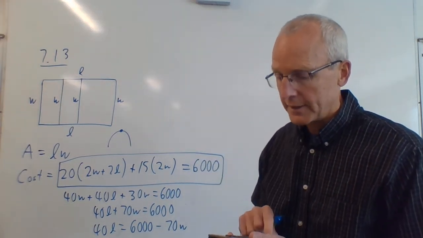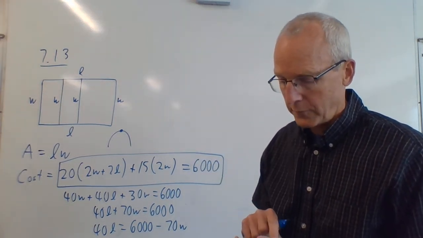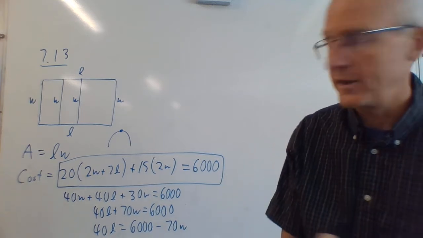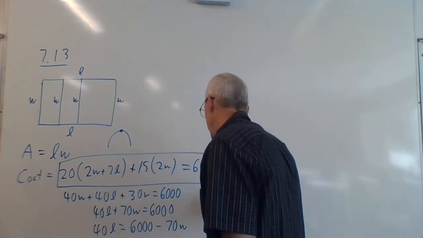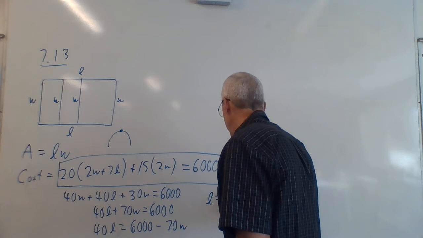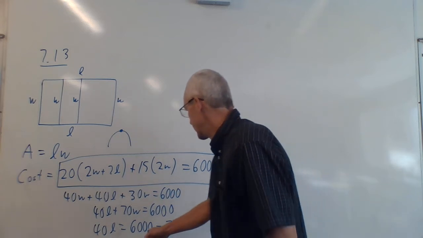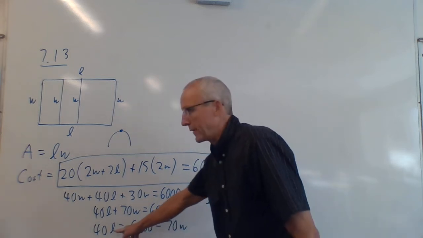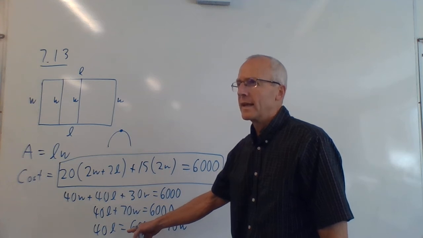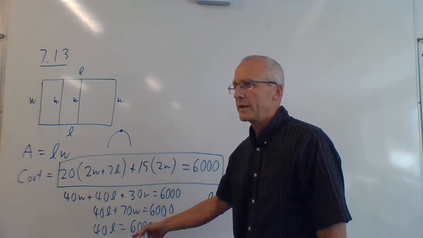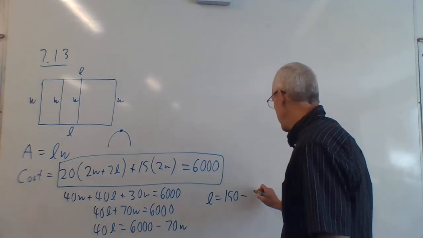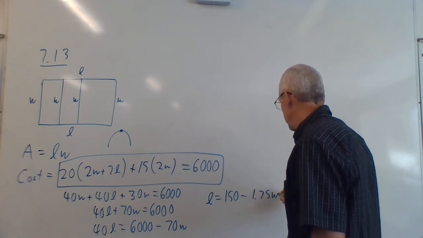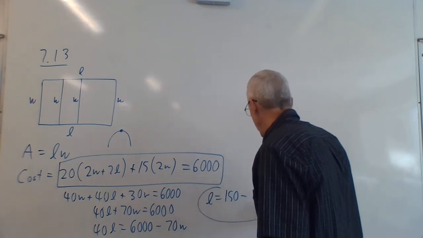So 6,000 divided by 40 is 150. That's a very pretty number. So finally we have L is equal to 150 minus 70 divided by 40. That's 7/4, which is 1 3/4, which is 1.75. So minus 1.75 W. Okay, that's what L is.